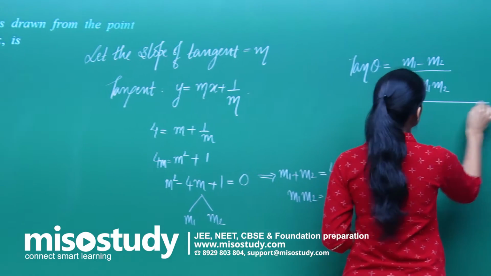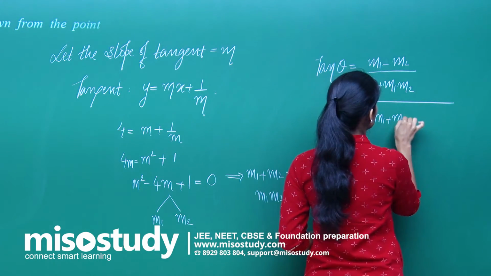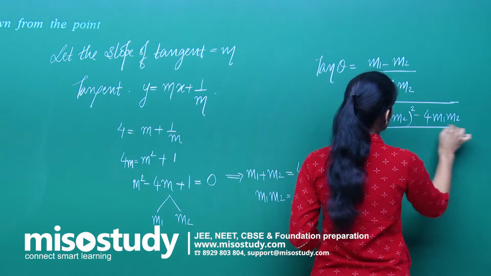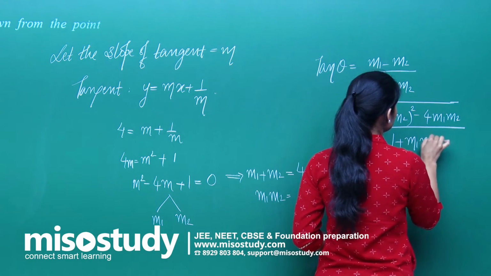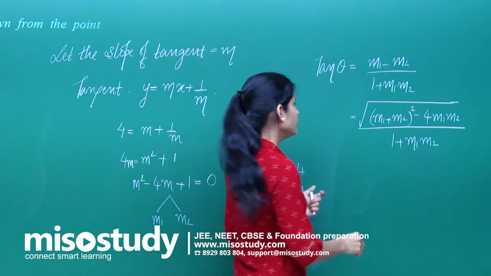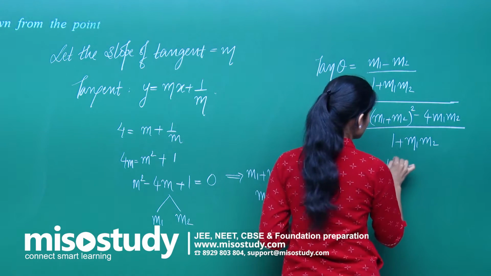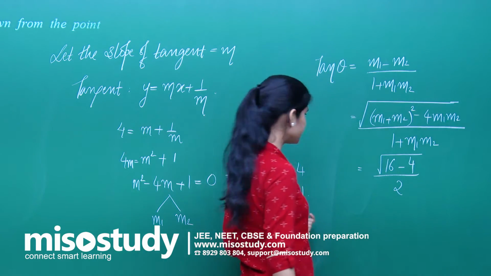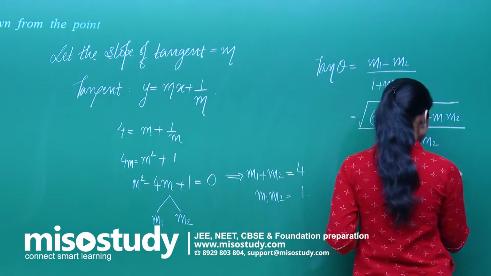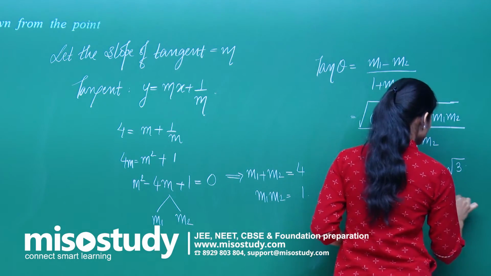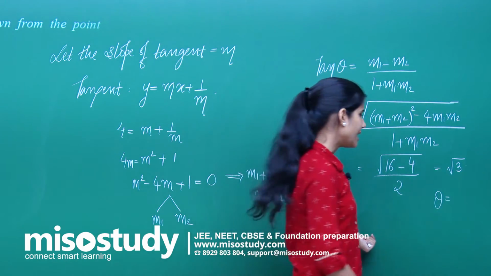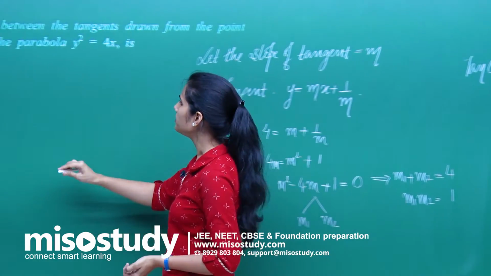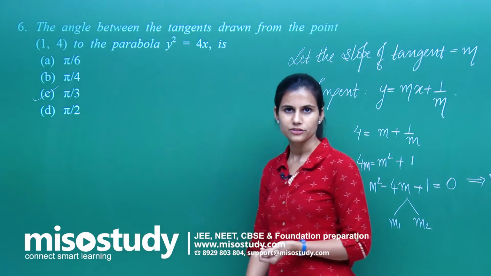So I write this as root of m1 plus m2 whole square minus 4 m1 m2, whole upon 1 plus m1 m2. Understood? So this is m1 plus m2, that is 4 square, which is 16, minus 4, upon 1 plus 1, that is 2. And this gives you root 3, so tan theta is root 3, and so theta is pi by 3. That's how we compute the angle between these tangents, which is pi by 3.